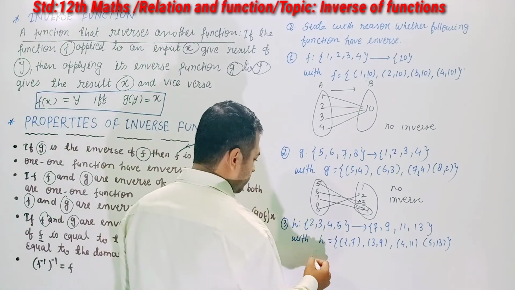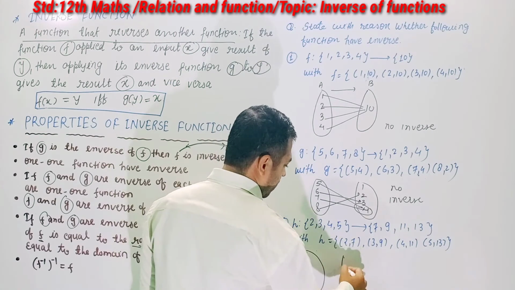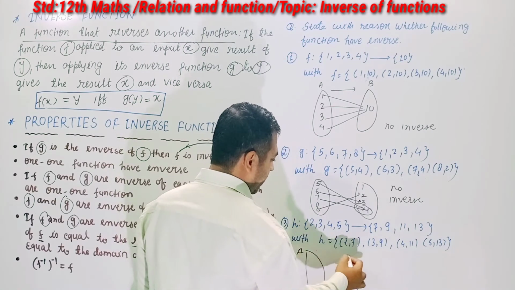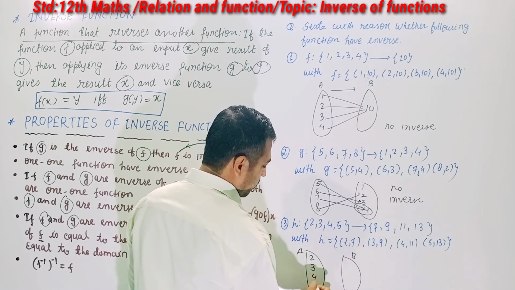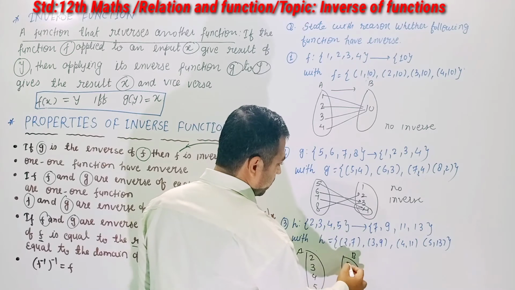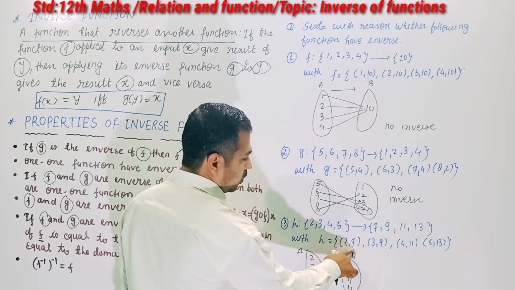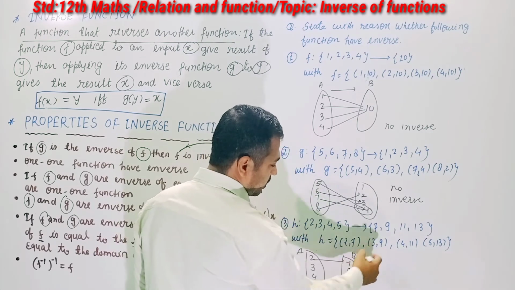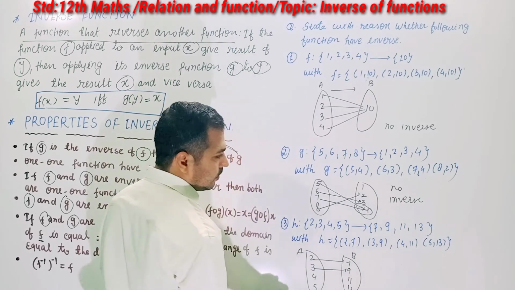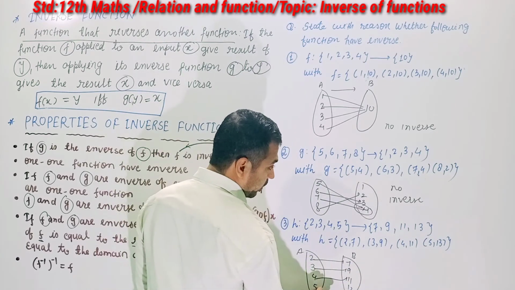So the next one. Suppose these are sets A and B: 2, 3, 4, 5 and 7, 9, 11 and 13. 2 goes to 7, input 3 gives output 9, input 4 gives output 11, input 5 gives output 13.